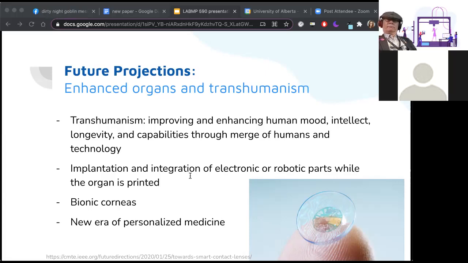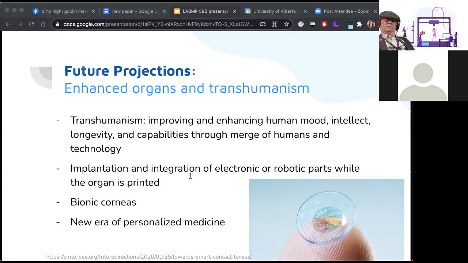For example, smart contact lenses that can display augmented reality, increase vision acuity, and allow our eyes to zoom into objects similar to a camera are already in development. Implantation and integration of this technology while a cornea is being printed will allow a unique merge of our biological systems with robotic counterparts in order to enhance and improve human abilities.